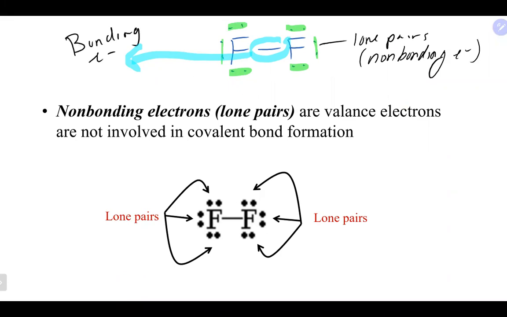So bonding electrons, much like the name implies, are involved in a bond between 2 atoms. And obviously lone pairs or non-bonding electrons are not involved in a bond. Any questions on that there? When you draw your Lewis structures, you should always include all of that. You should include the bonding and the non-bonding electrons. You should not leave any of those off.